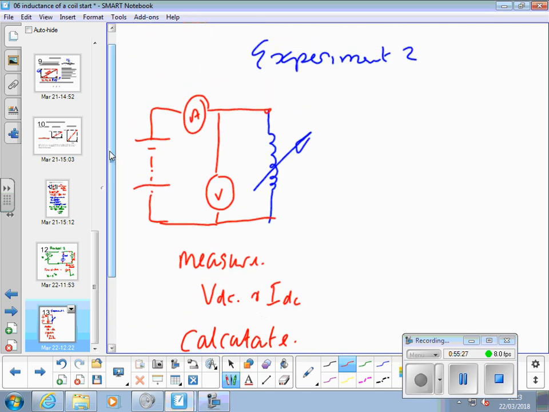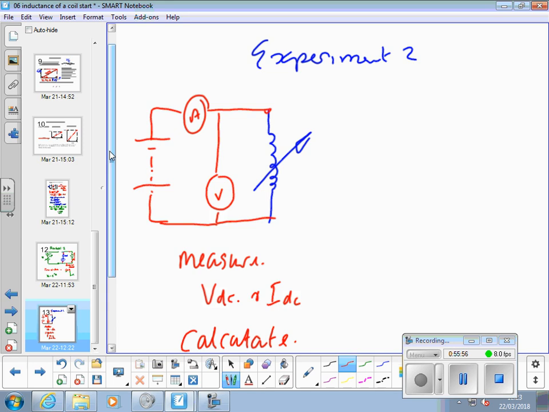Move this core, and as soon as you do that, the current might go to 1.3 amps.